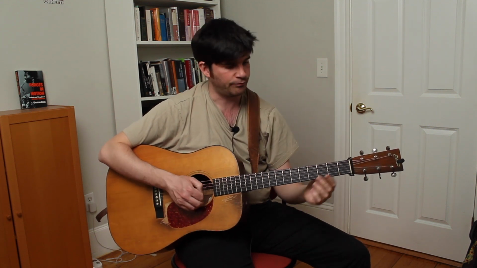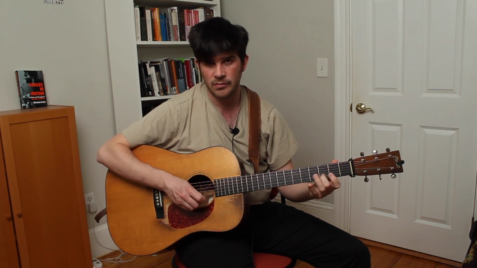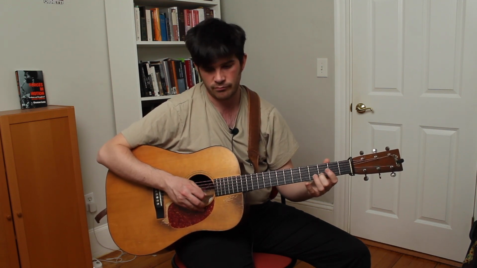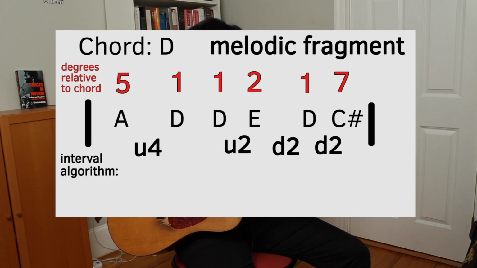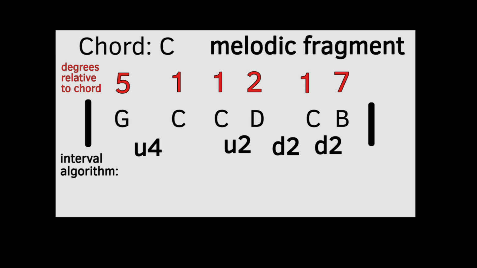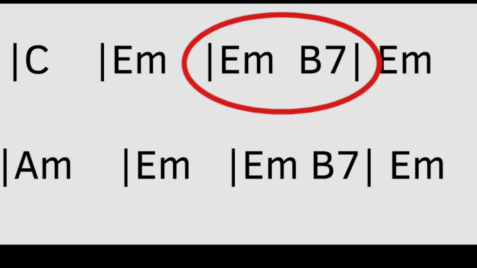So the next chord is a D. I'm going to start on the fifth, go up a fourth, play the same note, up and down a second. Then the next chord that's not an E or a D that we interact with is a C. So let's do our little fragment against the C. E minor to B7 back to E minor.